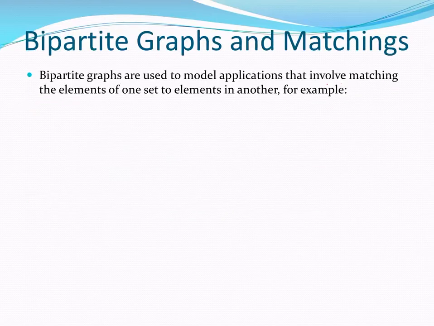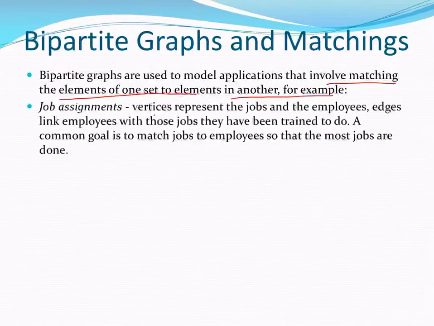Let's apply it though. We use bipartite graphs to model many things, especially if we want to match elements of one set to elements of another set. Job assignments represent a good example. If you have vertices representing jobs and another set of vertices representing employees, the edges represent the jobs those employees are trained to do.